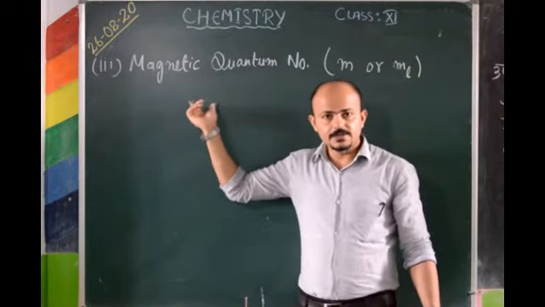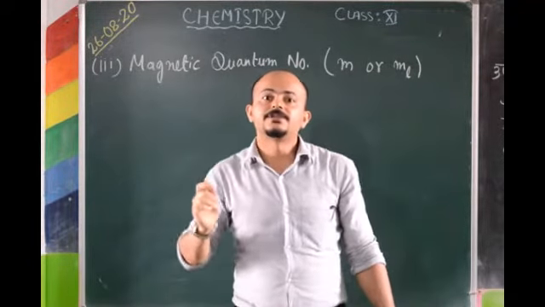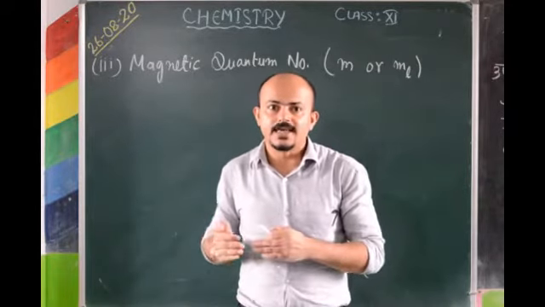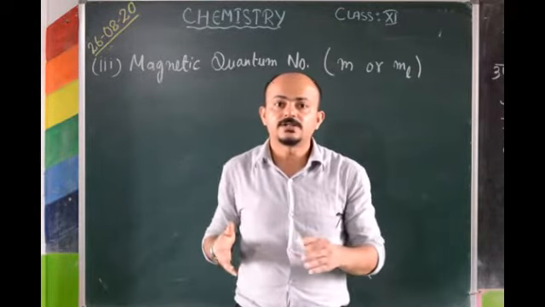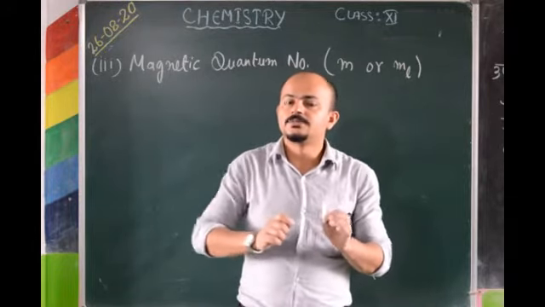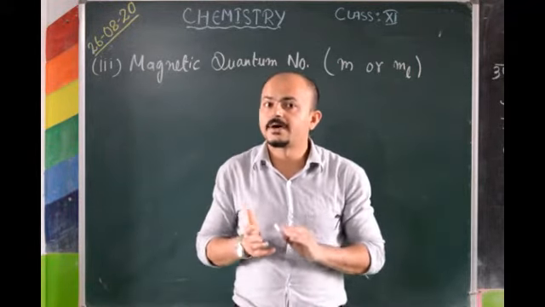Under the influence of this external magnetic field, different electrons will go to different orientations. They will have different orientations, and these orientations are known as orbitals. Based on their energy, they will go to different orbitals. Now we are coming to the orbital part.